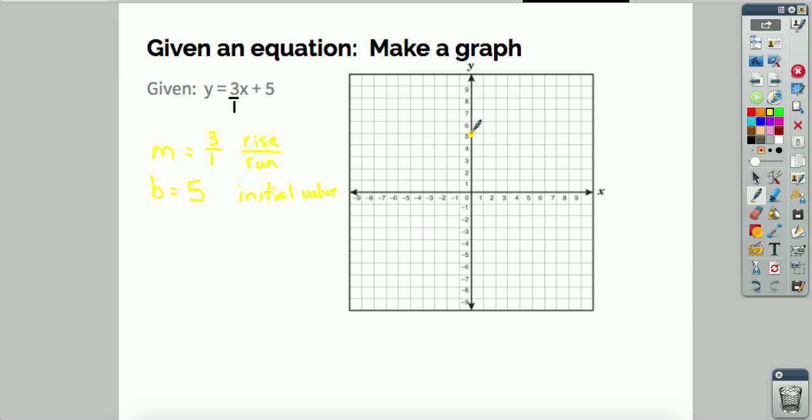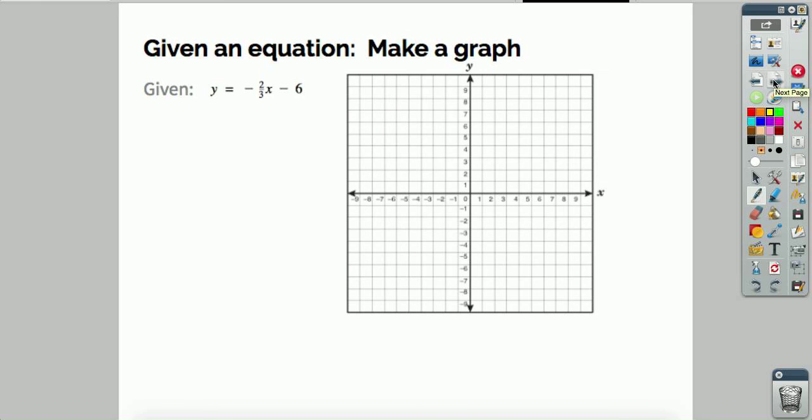So from this point here, which is my b value, my initial value, I know that my rate of change is telling me to rise 3 and run 1 to my next value. And once I have that, then I can sketch my line that goes through those 2 points.